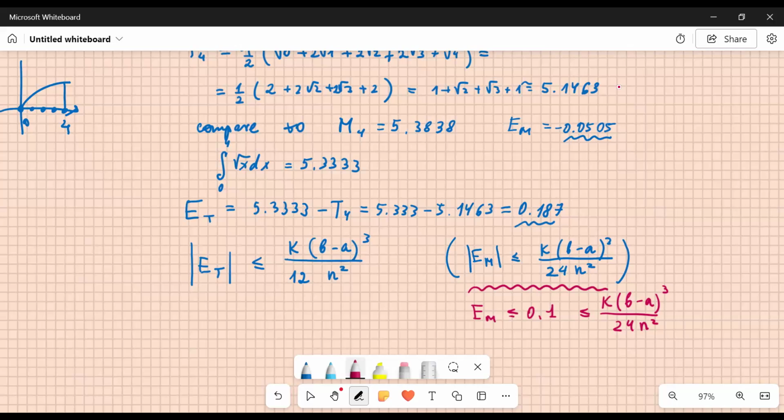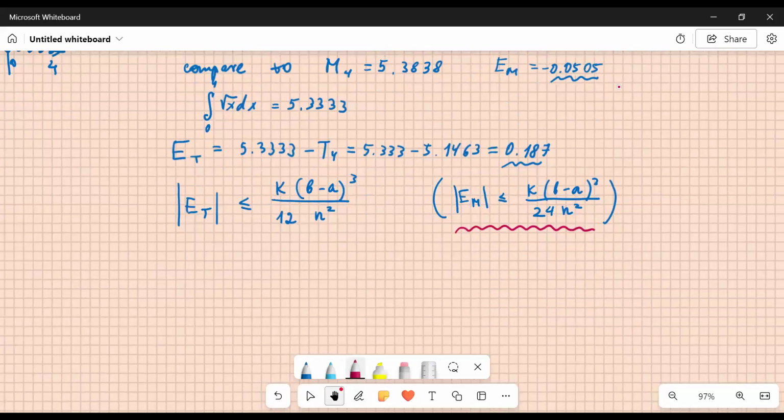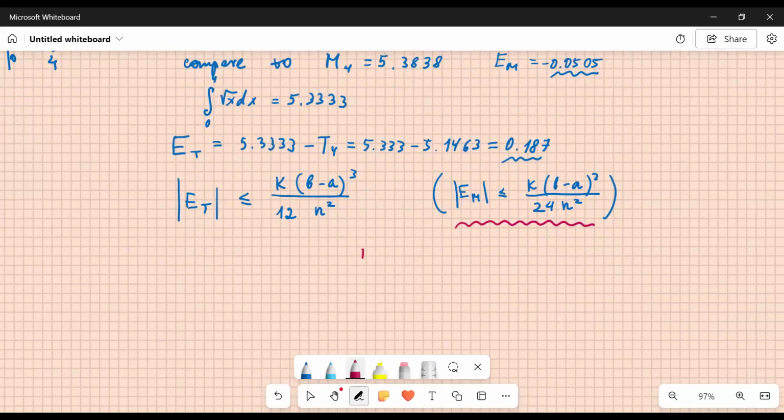Sorry, place the formula. My formula is supposed to squeeze over here in between. Let me erase it and rewrite it. Not making a very logical pattern. Okay, let me write it down one more time. I know that my error, according to the formula, is supposed to be this.